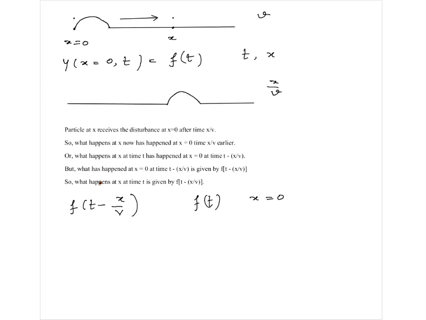F of t could be of different forms. Now that means you can have several possibilities.